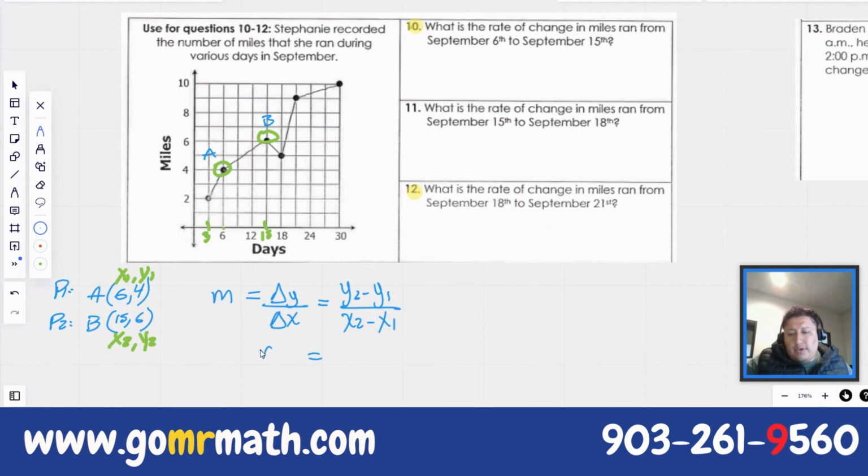Now that we have the points, it's very simple, because y2 is 6 minus y1 is 4, over x2 is 15 minus x1, that is 6. This should be 2 over 9. So the rate of change is 2 over 9, whatever that fraction is, miles per day.